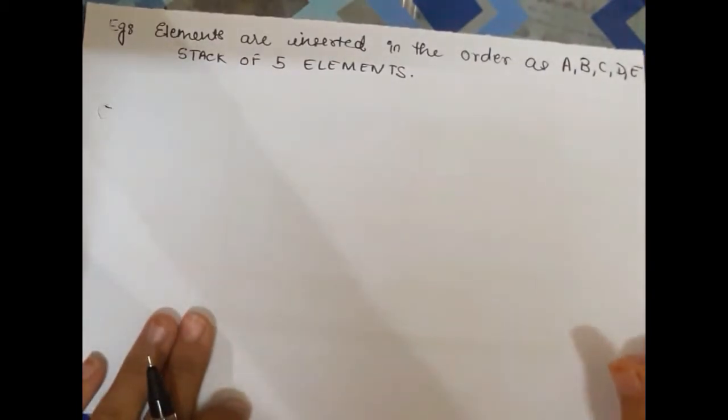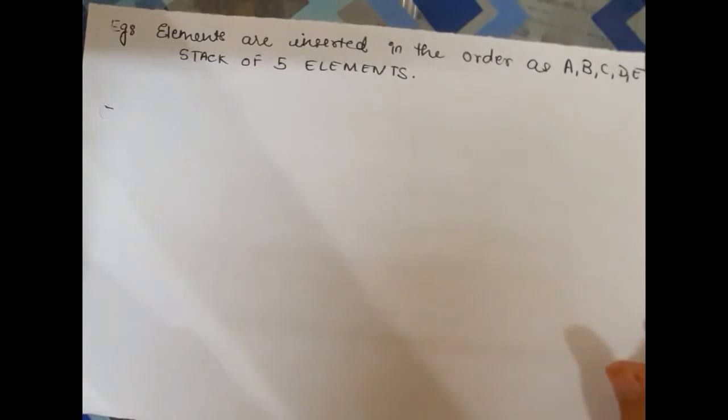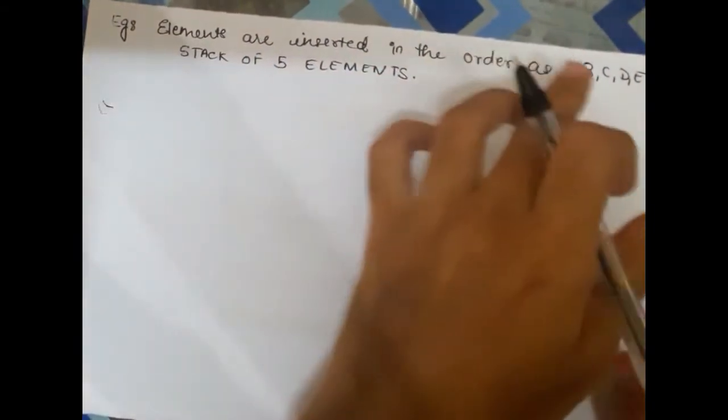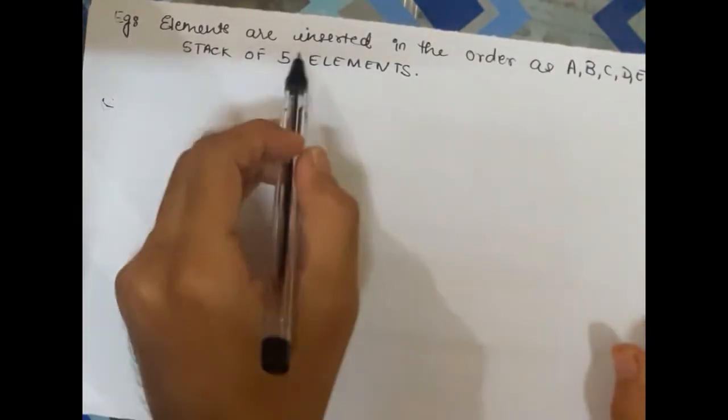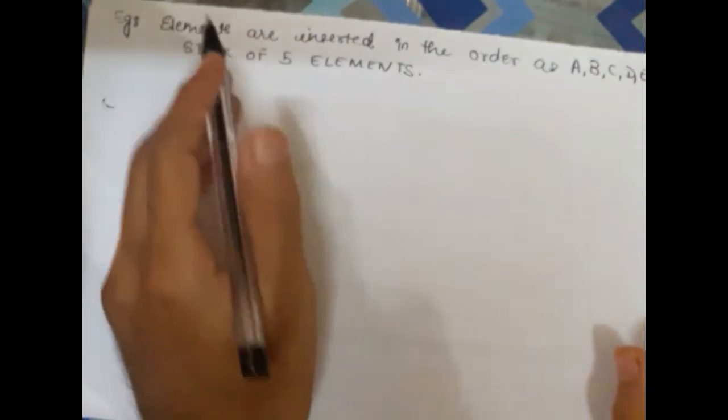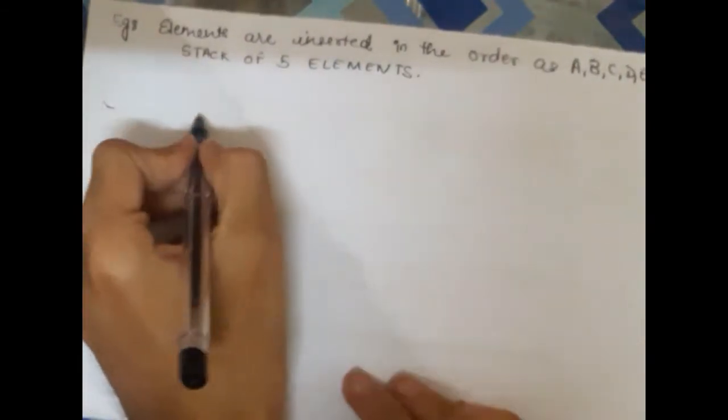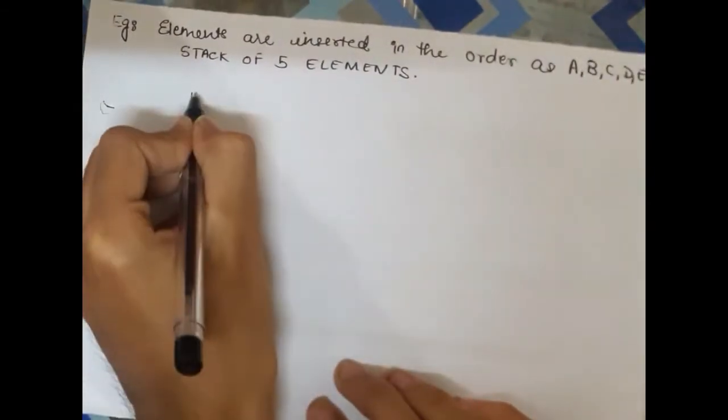Okay. Let us understand these operations with the help of an example. So consider an example where elements are inserted in the order A, B, C, D, E. So we have to insert these 5 elements into a stack of 5 elements.